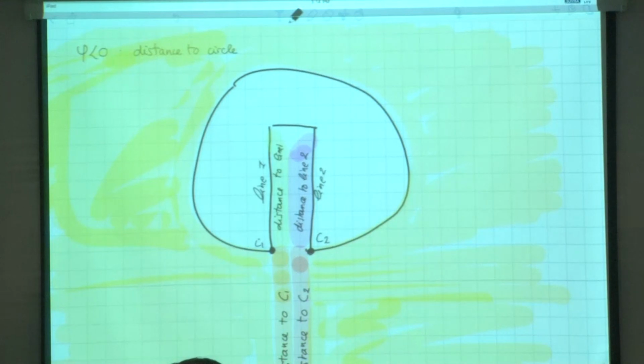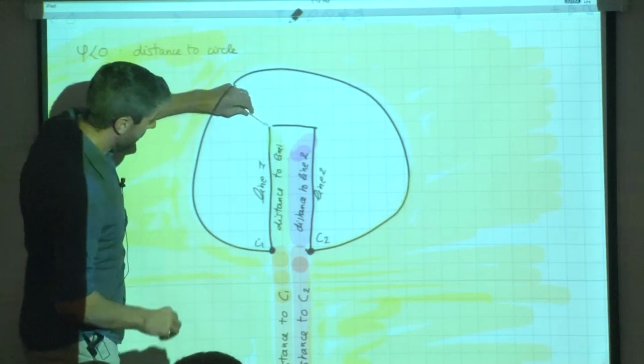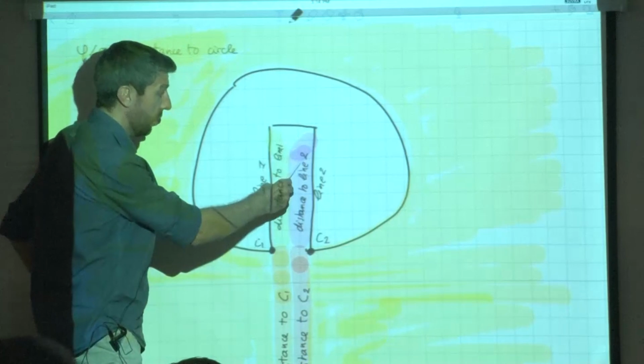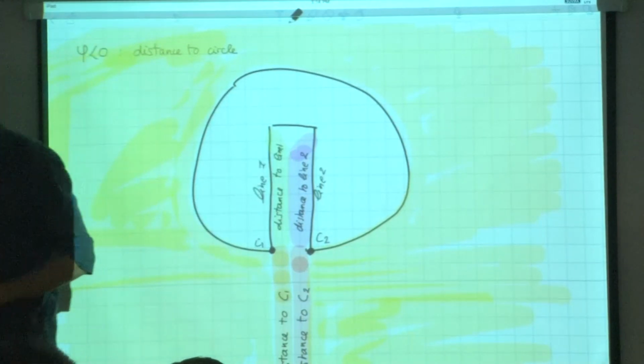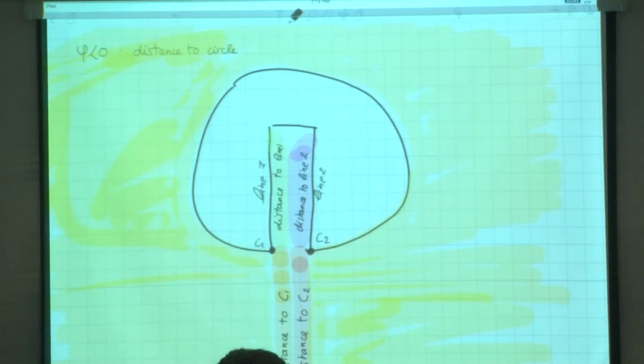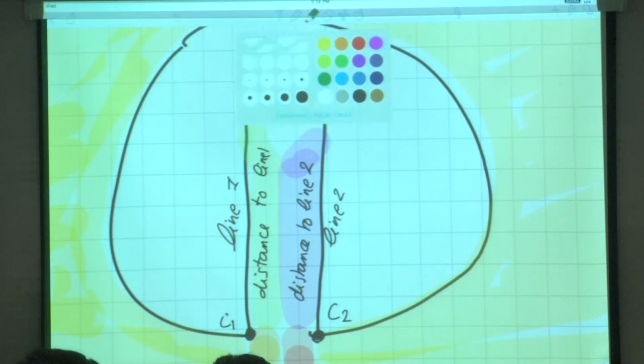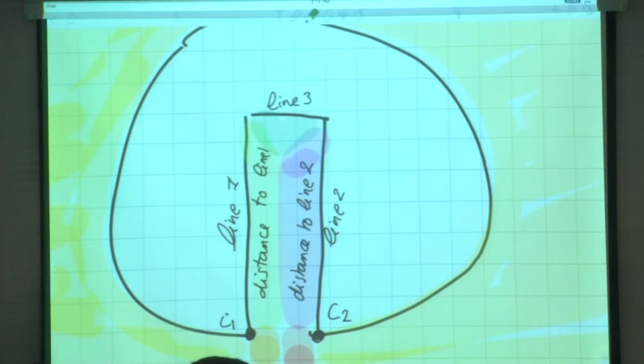I left out this little corner region here because starting at 45 degrees from that point and 45 degrees from that point, my distance suddenly becomes closest from that top line. So I have to involve line 3 here, for this top little wedge thing.